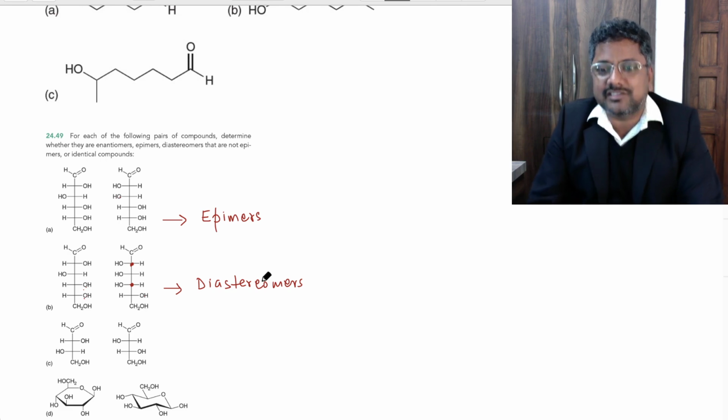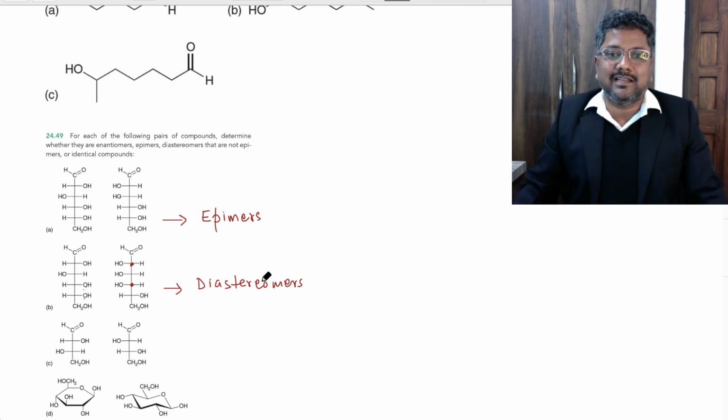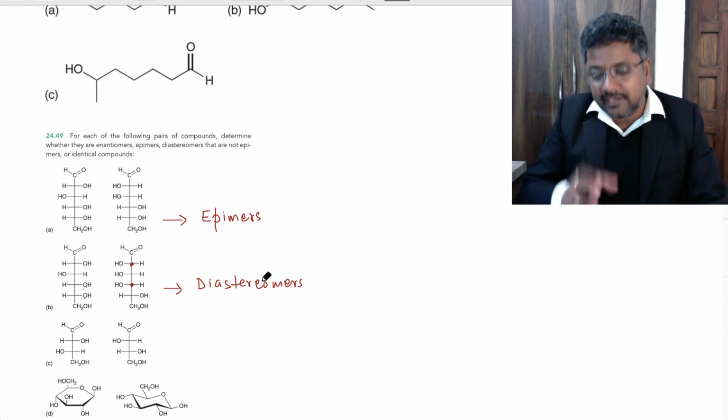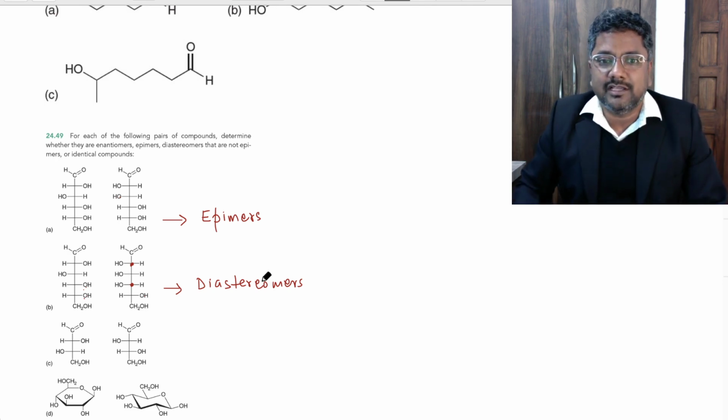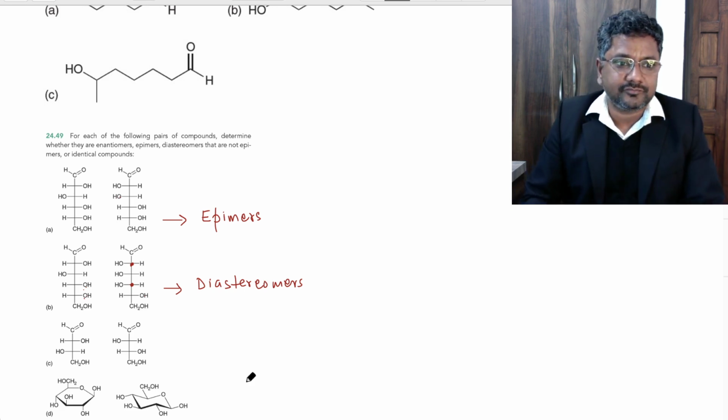So epimers, if you see broadly, are part of diastereomers, but in carbohydrate chemistry you cannot write them as diastereomers. You have to write epimers, right?